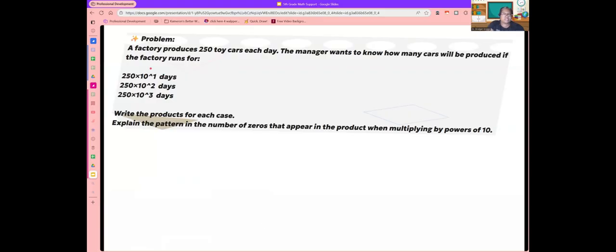So 10 to the first power is simply 10. So if we are multiplying by a power of 10, then we add however many zeros there are. Well, 10 has 1 zero, so we'll be adding an additional 0. So now we go from 250 to 2,500.